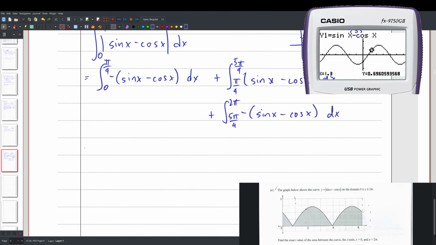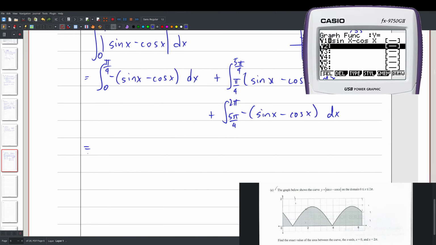Right, and then what you end up with, what do you end up with? You end up with, okay, so the integral of negative sine x is cos x, and the integral of positive cos x is sine x. That's from pi on 4 to 0.